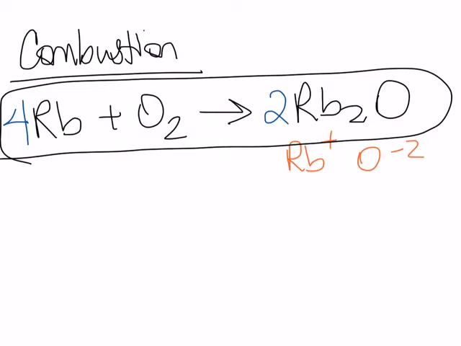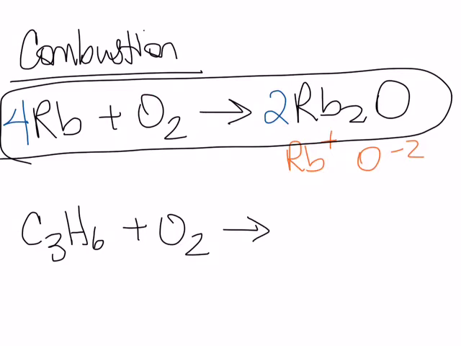Here is a combustion reaction that should be super simple to complete. If I have C3H6 and oxygen, what are the products? We know it's combustion. It's got the oxygen. But look at this here. I hope you remember that this is a hydrocarbon.